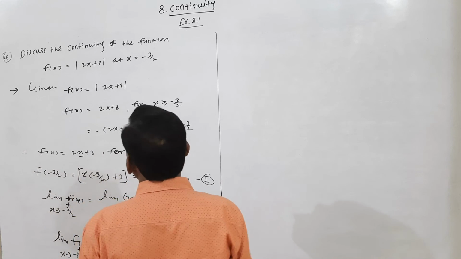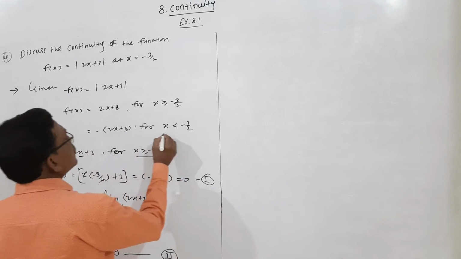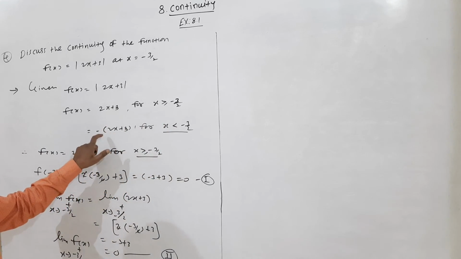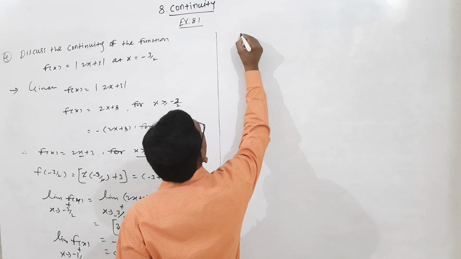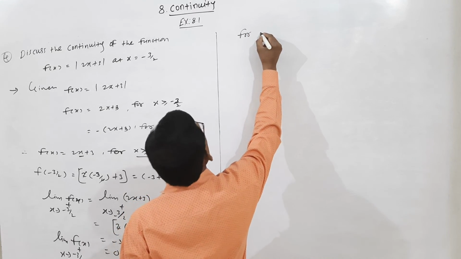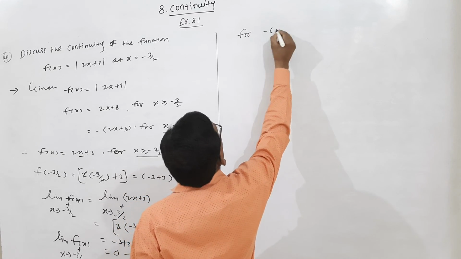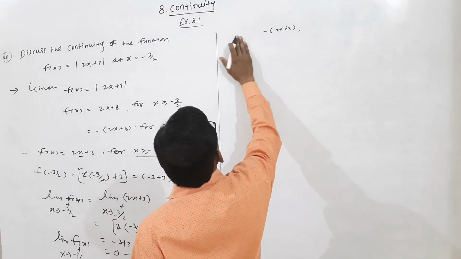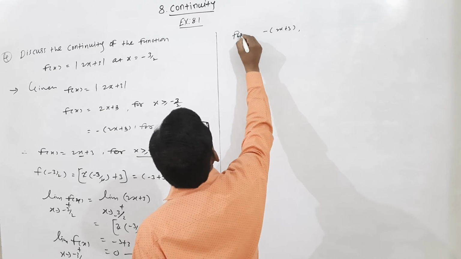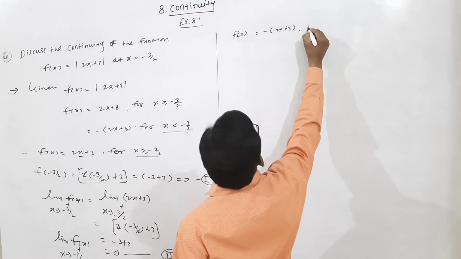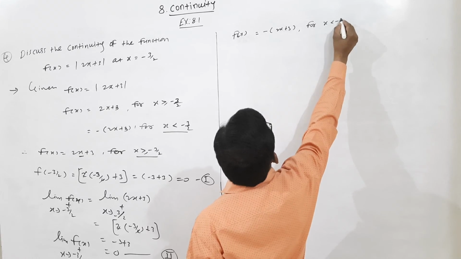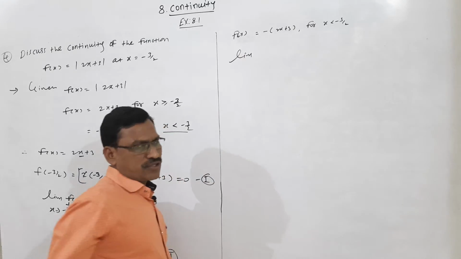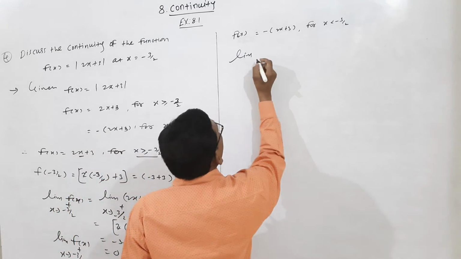And also we take the negative value for this interval. If x is less than minus 3 by 2, the function is negative here. So f of x is equal to minus of 2x plus 3 for x less than minus 3 by 2. Therefore we apply the left hand side limit to this function, because it is less than.